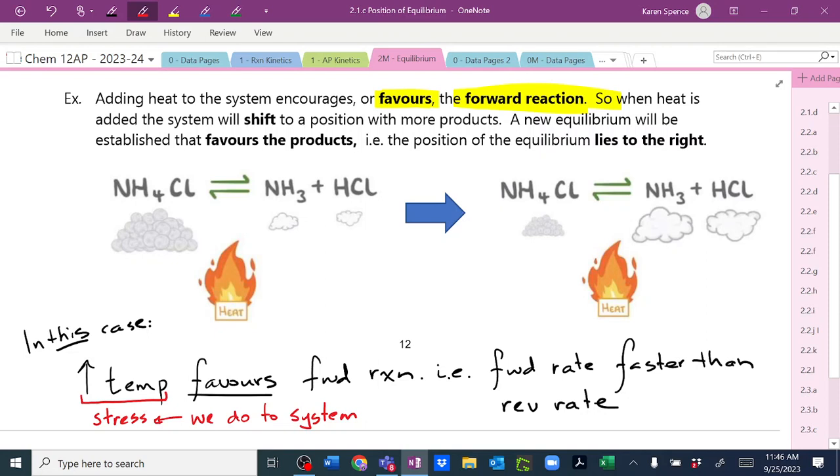So if we increase the temperature of any reaction, what happens? We increase the reaction rate. Why? Two reasons. Tell your partner what those two reasons are. Collision theory. This is for tomorrow's test.